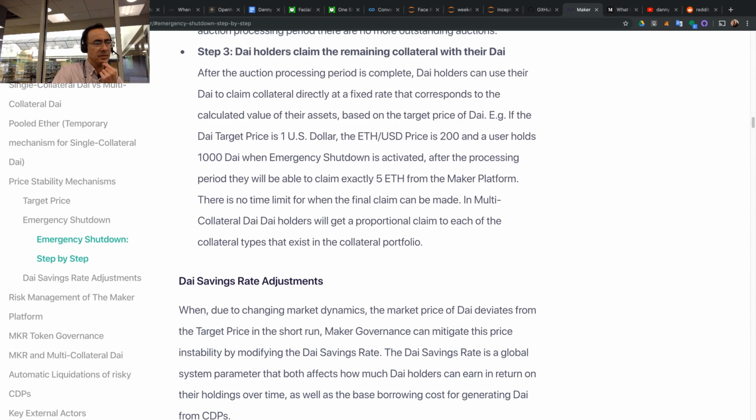There is no time limit for when the final claim can be made. In multi-collateral DAI, holders will get a proportional claim to each of the collateral types that exist in the collateral portfolio. Okay, so if the DAI target price is 1, ETH is 200 US dollars, a user holds 1000 DAI, and then there's an emergency shutdown activated, then you'll get to claim 5 ETH.